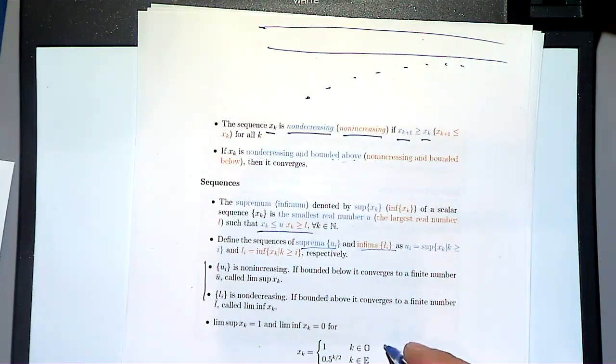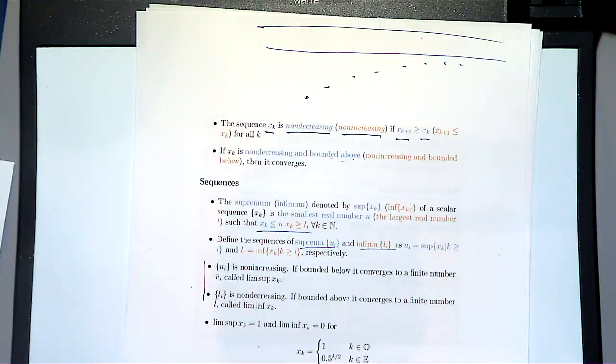For example, in this scenario as well, just to work it out, if I go and plot it, for all the odd numbers, and for even numbers, I start from 0, let's say. The value is 1. At 1, the value is 1. At 2, the value is 0.5. At 3, the value is 1. At 4, the value is 0.25.